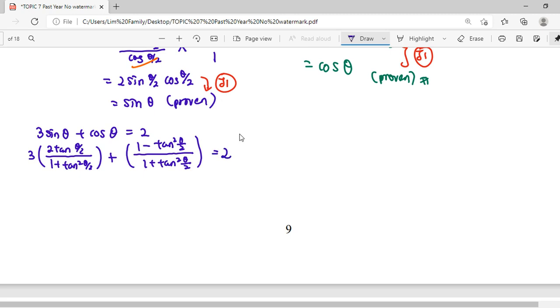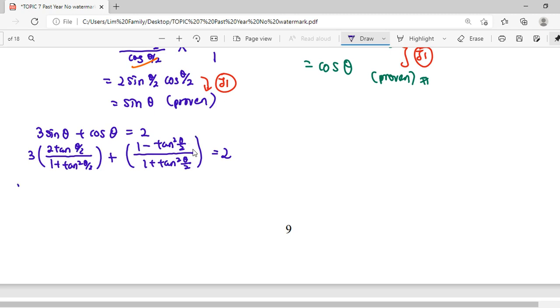So after I substitute this, we have to solve this equation. You notice that from two different terms, sine and cos, after we substitute, the relationship is all in terms of tangent. So when we have all in terms of tangent, when we simplify this, we might get to factorize and find the value so that we can solve the trigonometric equation. If I put it like this, it's very difficult to see.